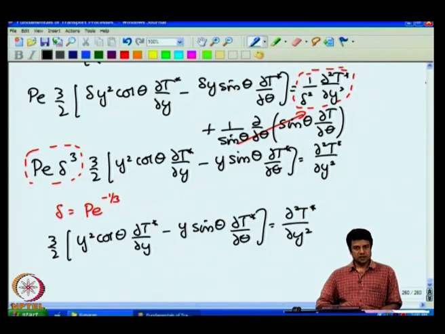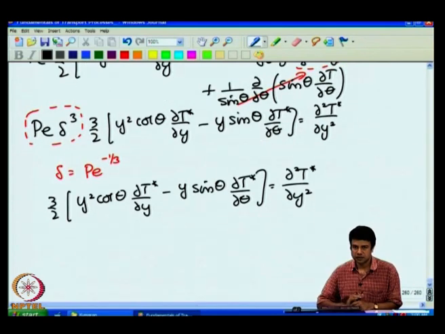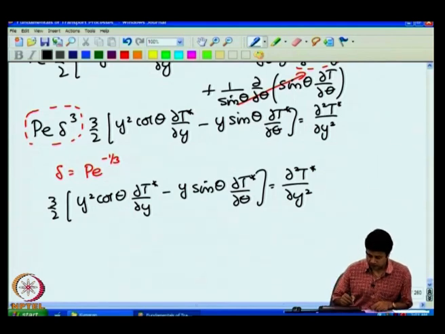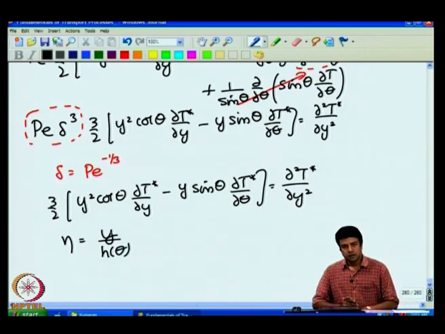In the previous case, we had only one component of the velocity. We assume that the similarity variable does exist. Assume a similarity variable of the form y by h of theta, where h is some function of theta.